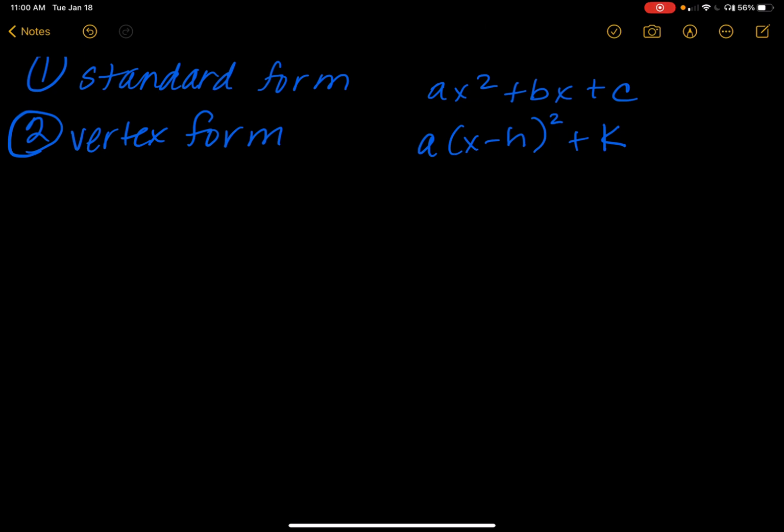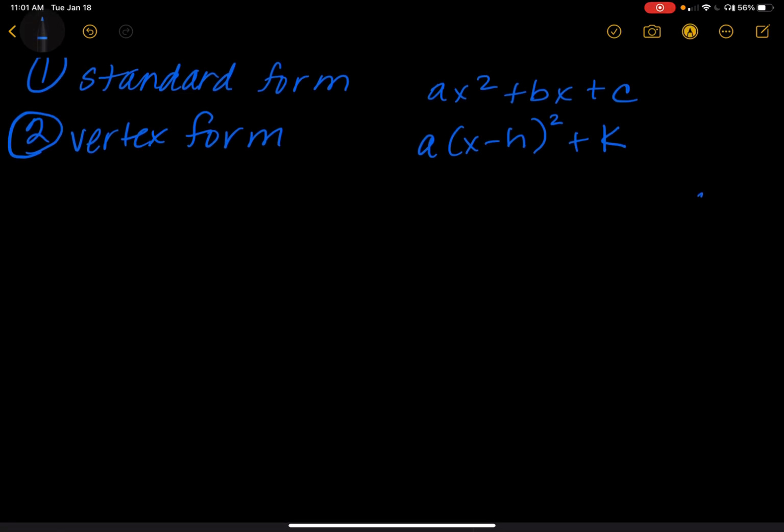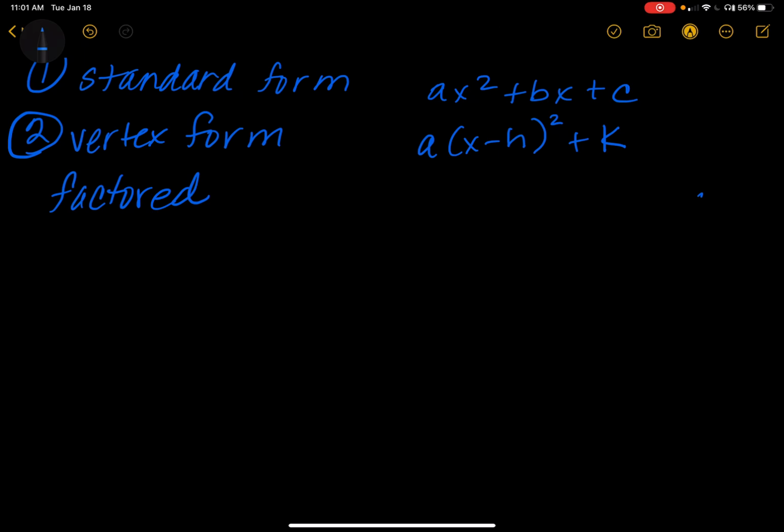But now we're going to talk about a new form, and this new form is called factored form. In factored form, we are writing our standard form in a condensed way.